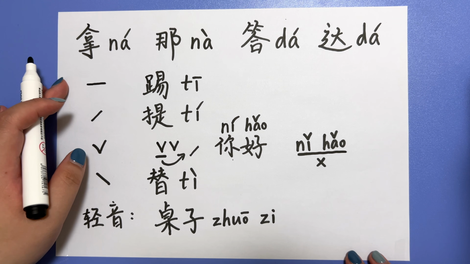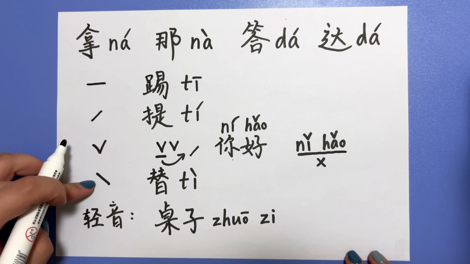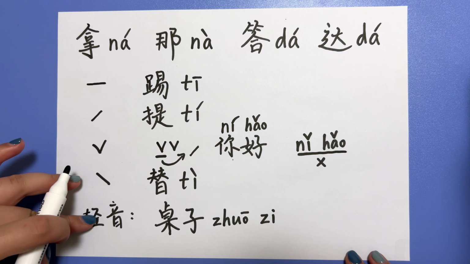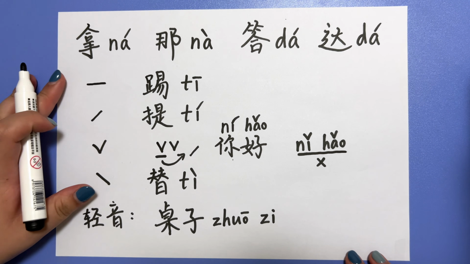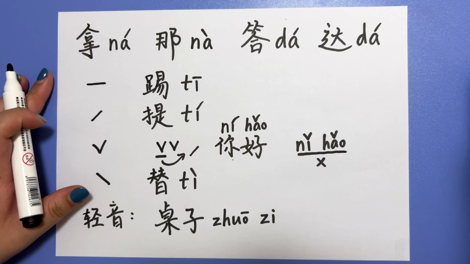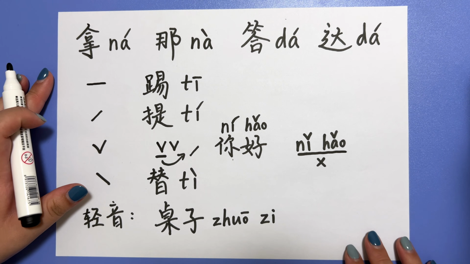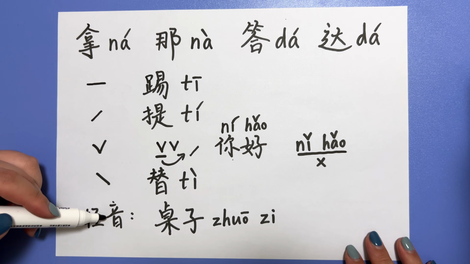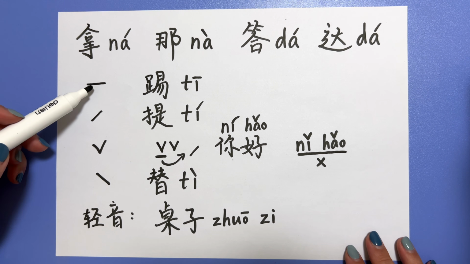Now that we have finished learning all the tones in Mandarin, let's do a quick recap. In Mandarin Chinese, there are 4 tones and a neutral tone. The first tone is a high tone.